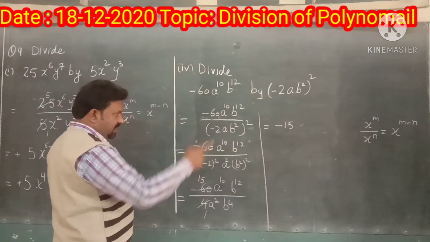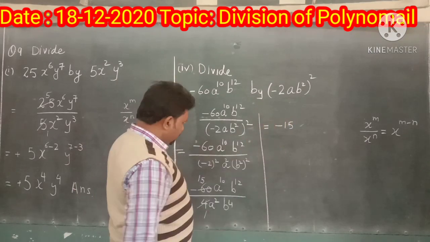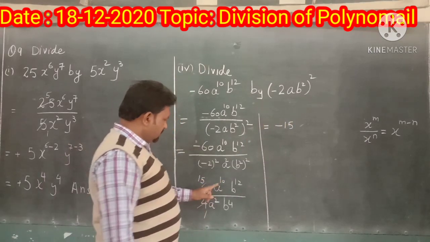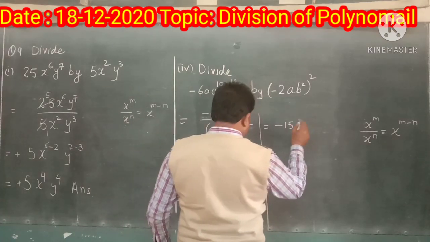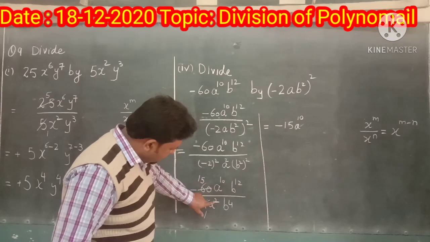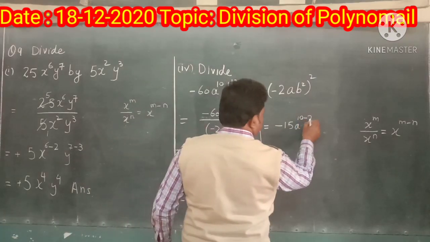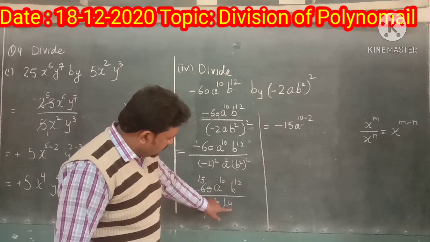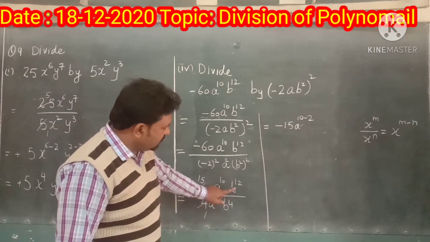So according to the rule, we will subtract 2 from 10. So how we can write it? a power 10 minus 2. Then we will subtract the power of b from the power of this one.